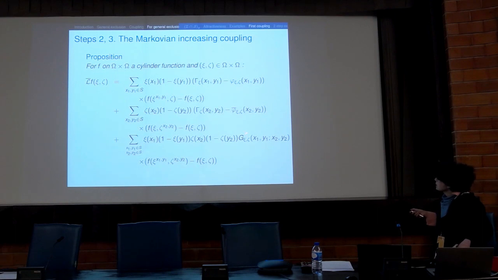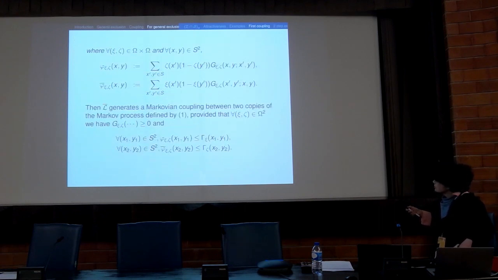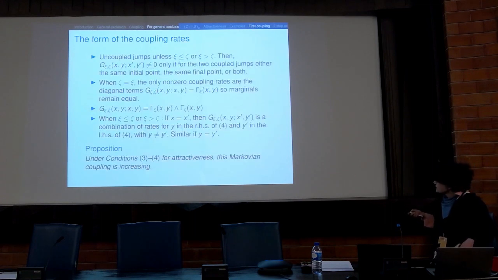So of course this will be a coupling. You need this g to be non-negative, you need this to be non-negative, and also this. And this is just the remainder, if you look at all those cases, to get the uncoupled jumps. So it's just these formulas here, nothing special. And what can we say about these jumping rates without giving them to you?